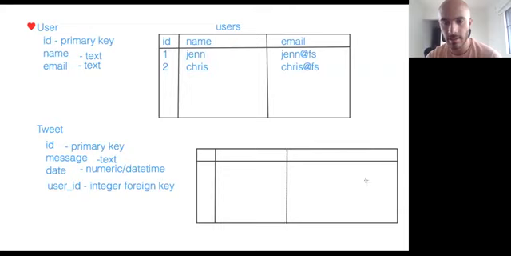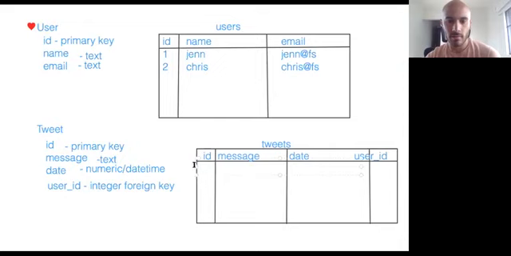Something kind of like this. Got our tweets. The tweets have an ID, primary key. They have a message. They have a date. And then over here they have a user ID, right?